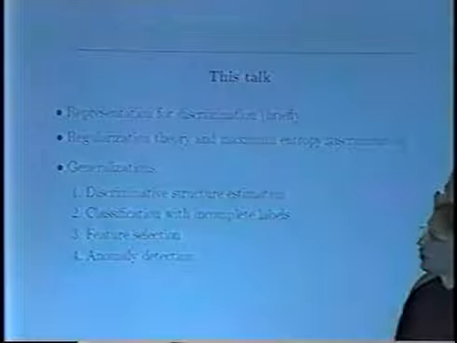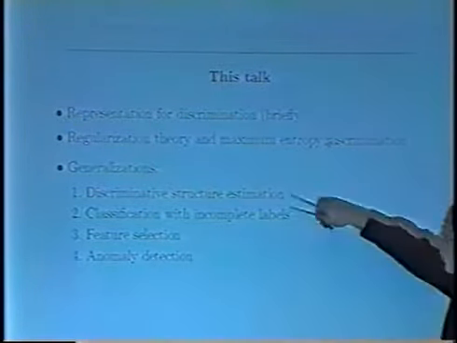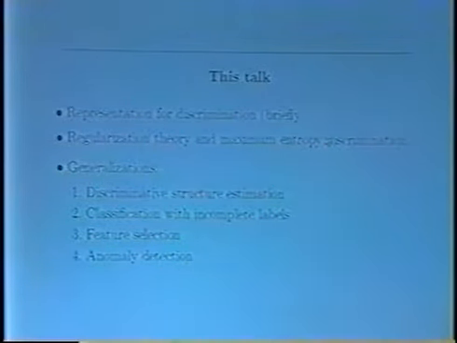And here are the generalizations that we can expect from this. We can estimate the structure discriminatively as well as the parameters, deal with incomplete labels, feature selection, anomaly detection, and so forth. Okay, so the list is certainly not complete, but as far as our research is concerned, this is where we are currently.